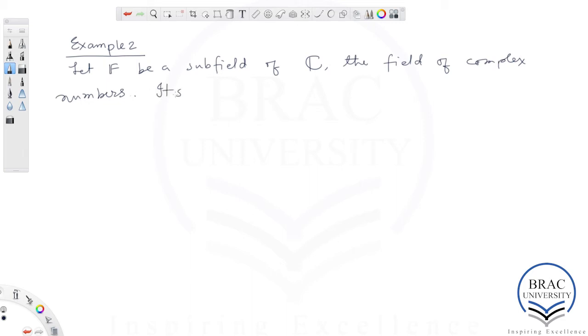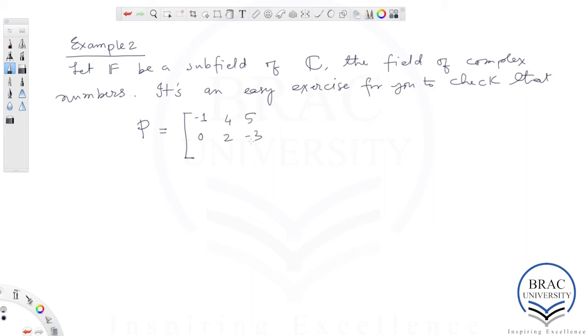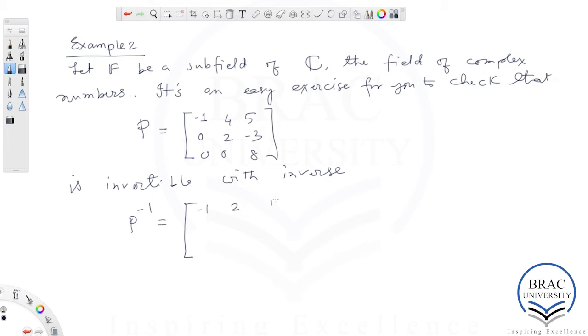It's an easy exercise for you to check that the following 3 times 3 matrix P given by this expression is invertible, with inverse P inverse equal to minus 1, 11 over 8, 0, 1 half, 3 over 16, 0, 0, 1 over 8.